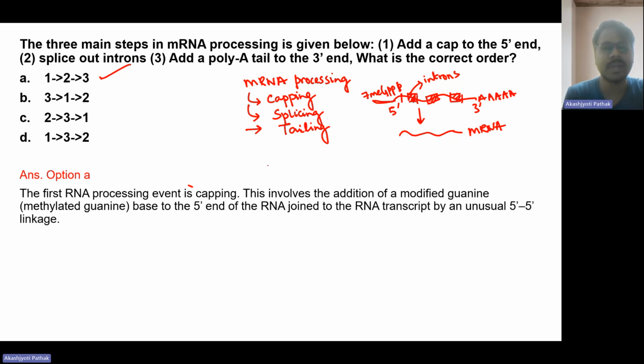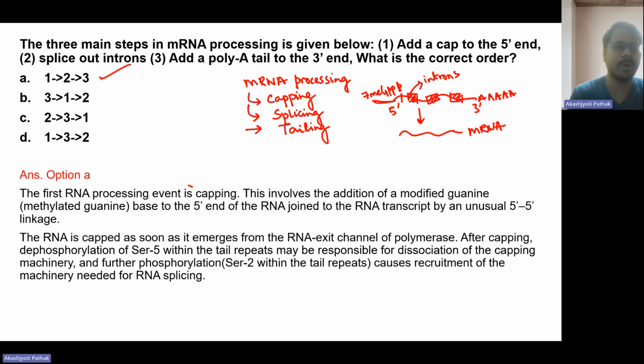First a phosphatase enzyme will come, and then the guanylyl transferase enzyme will act. Then there is the methyl transferase enzyme, which will transfer a methyl group to the guanine, and this modified guanine residue which is produced is added onto the 5 prime end of the mRNA.